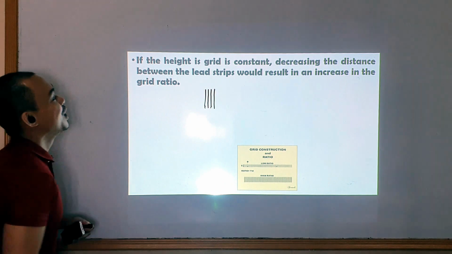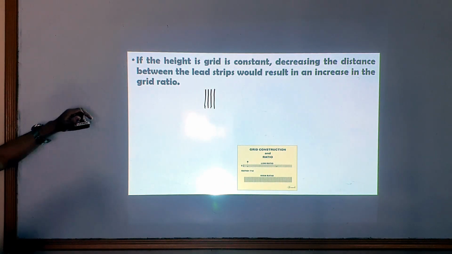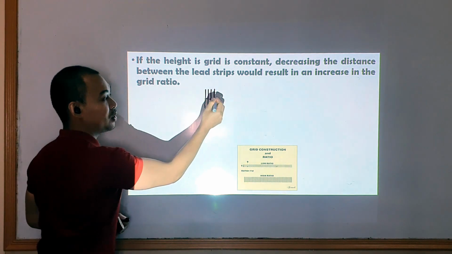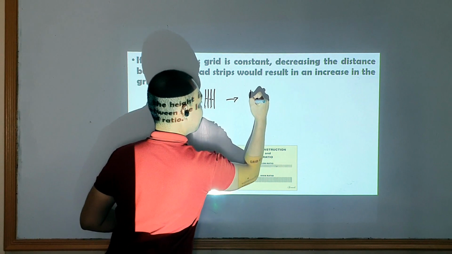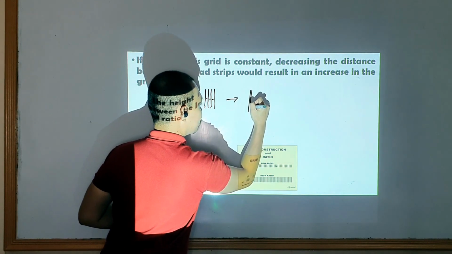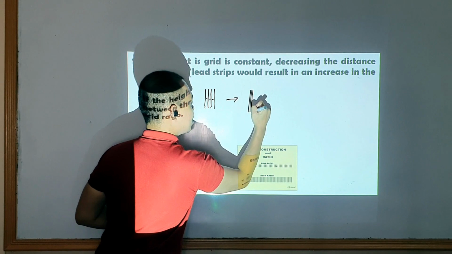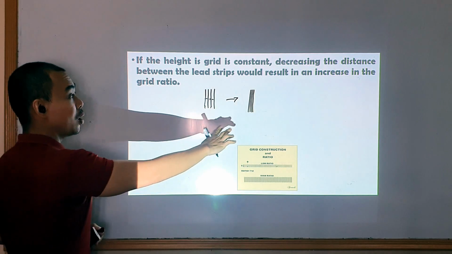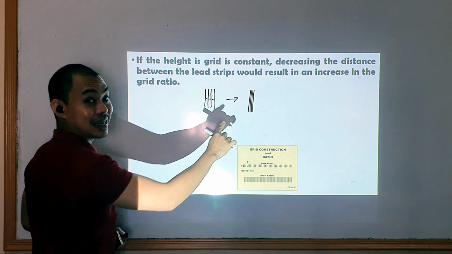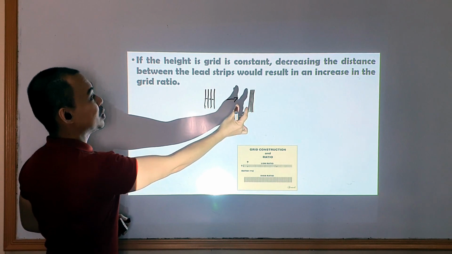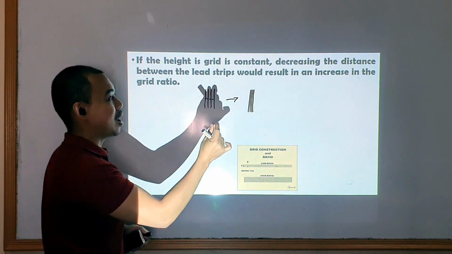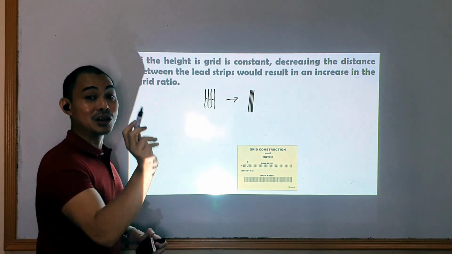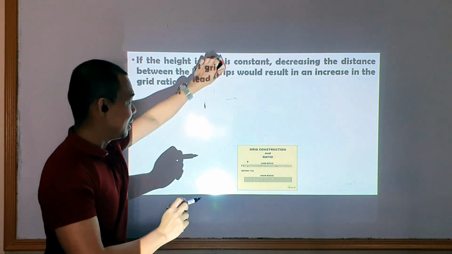If we decrease the distance between the strips, it will become like this. It's going to be narrower, right? As long as their height is constant, but we just decrease the distance, so it's narrower now between the strips, it will result in an increase in grid ratio. Are we clear? Next.